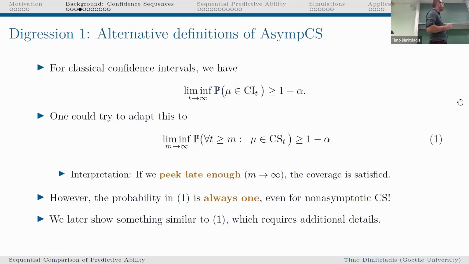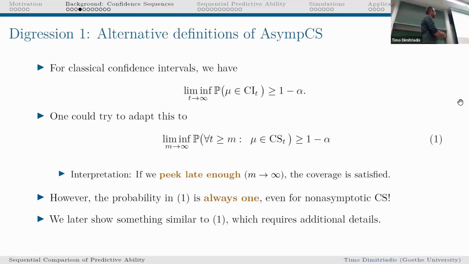So what we do first is look at possible alternative definitions of asymptotic confidence. What you could start with is that, for classical confidence intervals, we have the limit or the lim-inf of the probability that the truth is in the confidence interval being larger than 1 minus alpha. Now you could say, okay, let's generalize that to the initial peaking time.